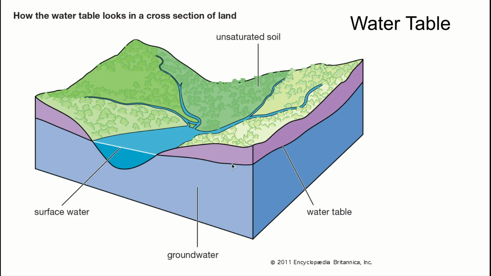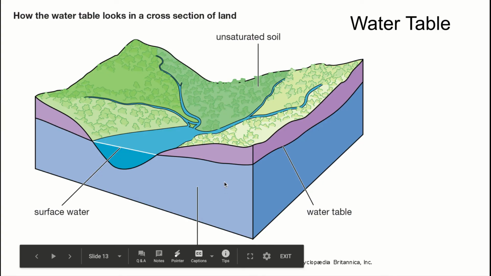What I hope you can see from this diagram is that our land rises above the water table, but then our water table will be exposed anywhere that our ground dips below that level. If we do something to raise our water table, then all of a sudden water will be higher up and closer to the surface of the ground. If we lower our water table by, say, overpumping, then our groundwater drops.